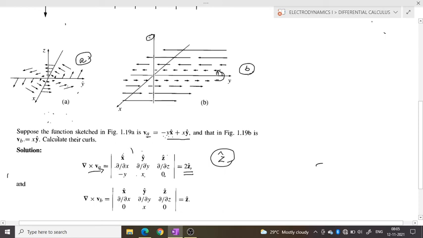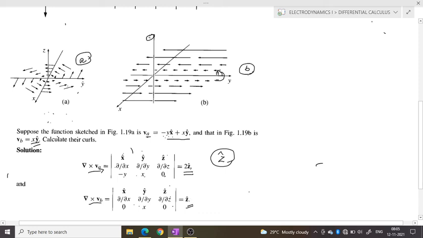This figure represents the function Vb equal to x times unit vector y. So del cross Vb is the determinant with rows x, y, z; ∂/∂x, ∂/∂y, ∂/∂z; and 0, x, 0. When we calculate this, we get z. So here too there is a curl around the z axis.